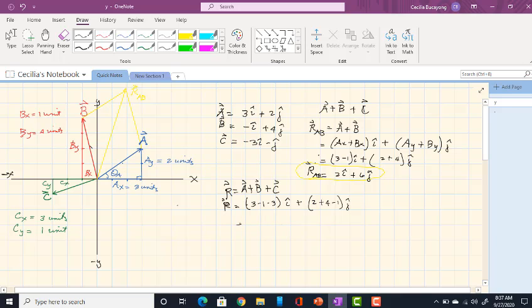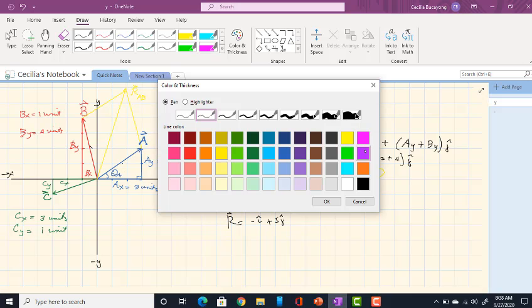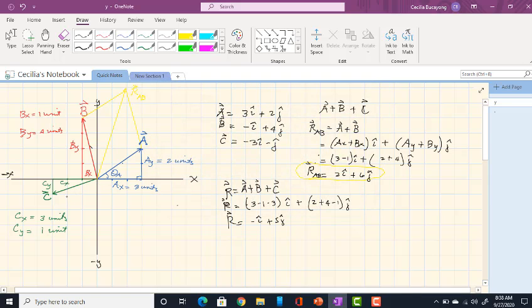So this is equal to negative I hat plus 5 j hat. So where is our r located now? The resultant of the 3. Let's choose this one. Okay. So negative 1, so in here, negative 1, and then positive 5. So 1, 2, 3, 4, 5. So this is where the head of our resultant vector is located.